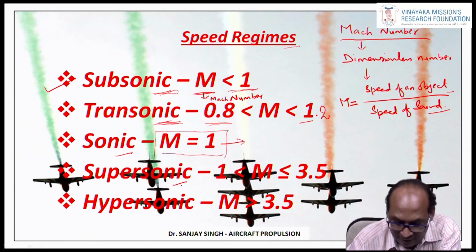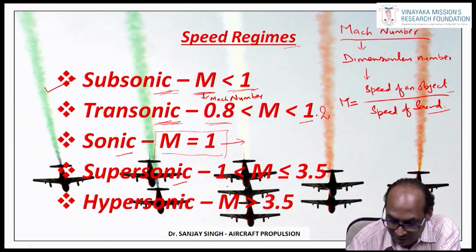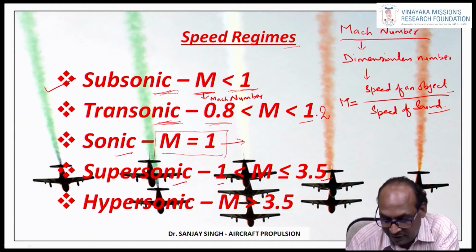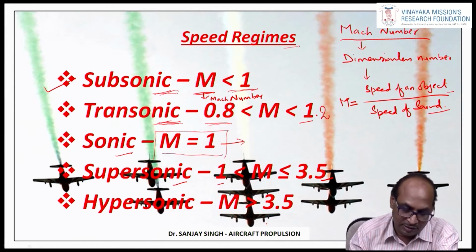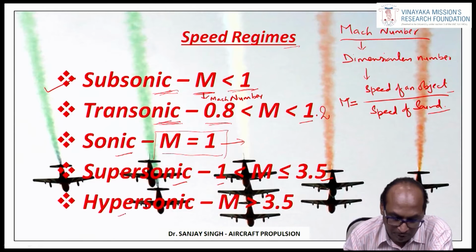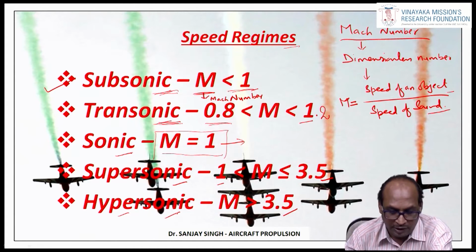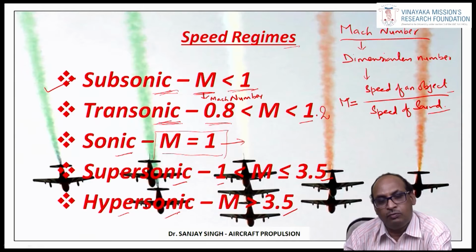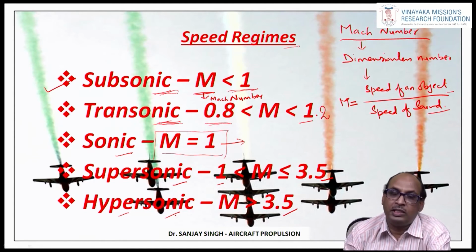Then supersonic, when the speed of the aircraft is greater than 1 and less than or equal to 3.5, the speed regime is given the name supersonic. Fine. Hypersonic, when the Mach number is greater than 3.5, then it will be called hypersonic. Nowadays, we have many spacecraft which are traveling at hypersonic speeds.